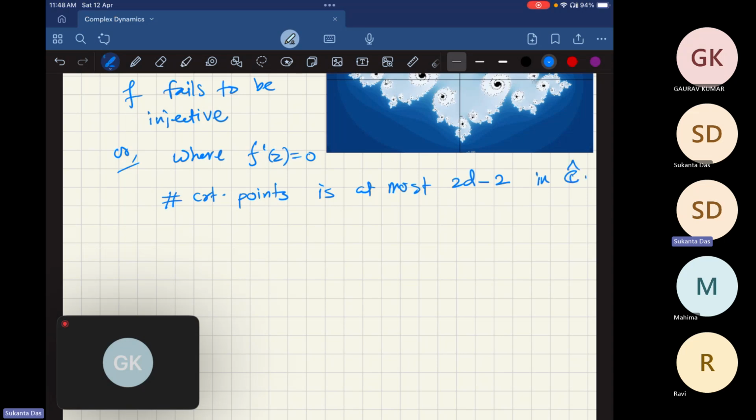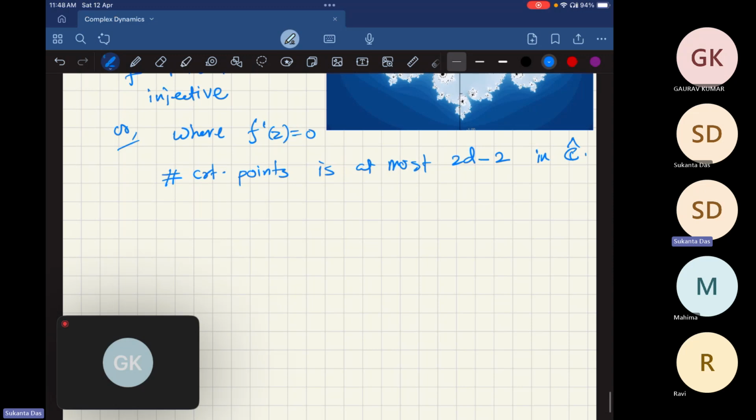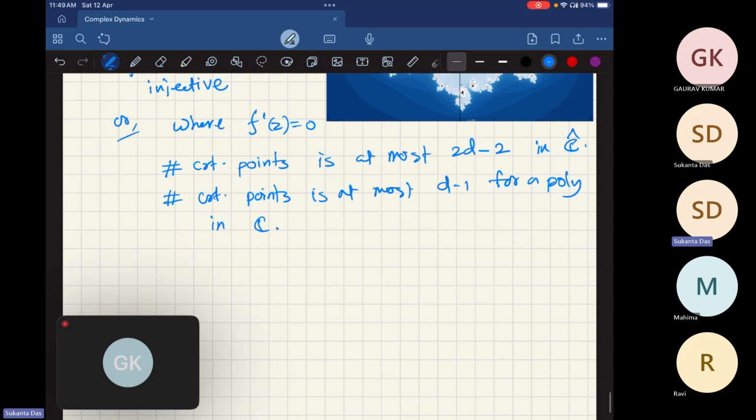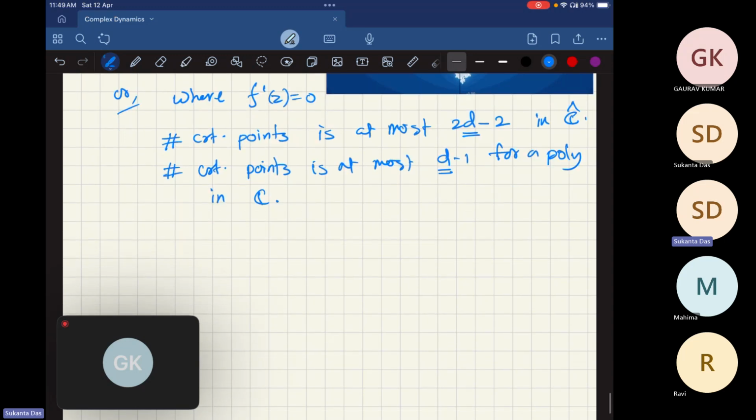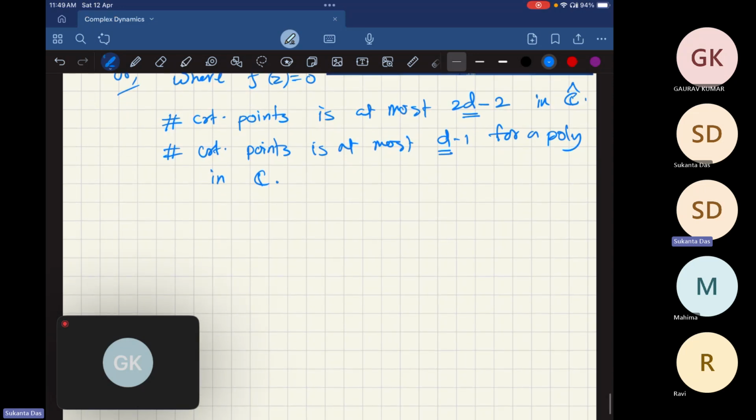So infinity can be a critical point, as I have seen for the polynomial case, and the number of critical points is at most d minus 1 for a polynomial in C, not C hat. If you take a polynomial of degree d, where d denotes the degree of the polynomial, then the number of critical points will be at most d minus 1. So these are little facts and not very difficult. These are very easy.